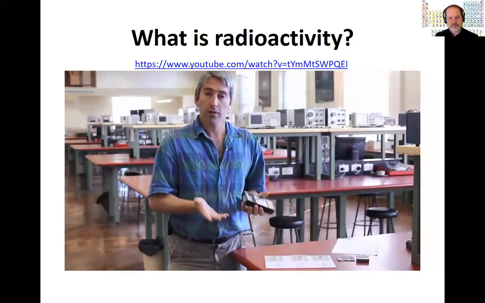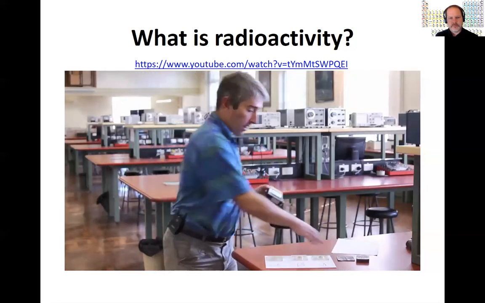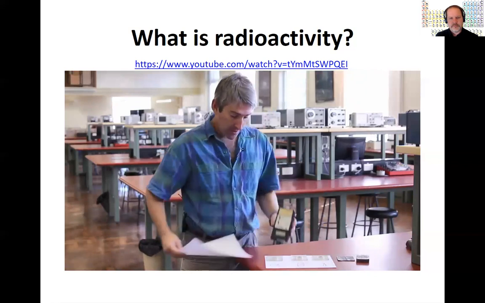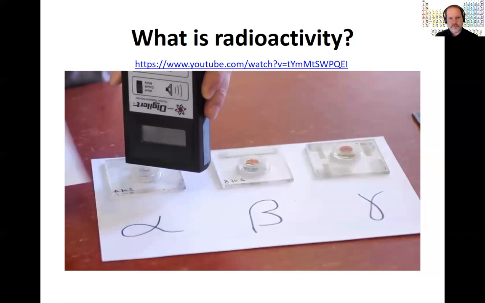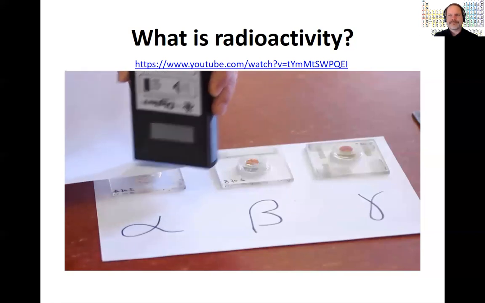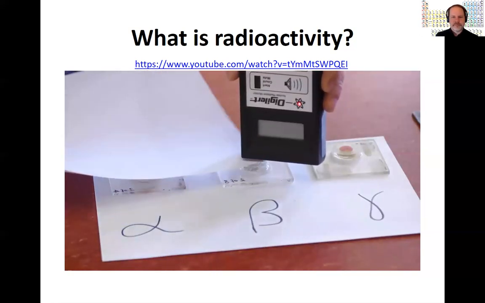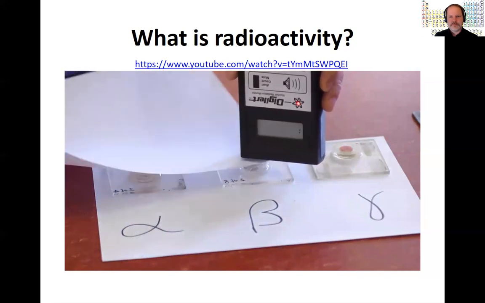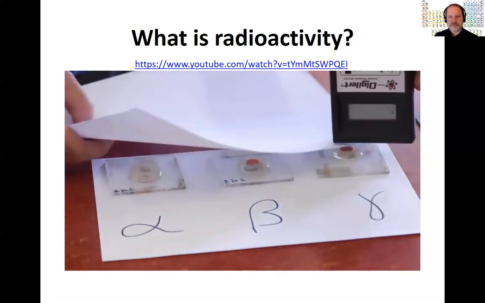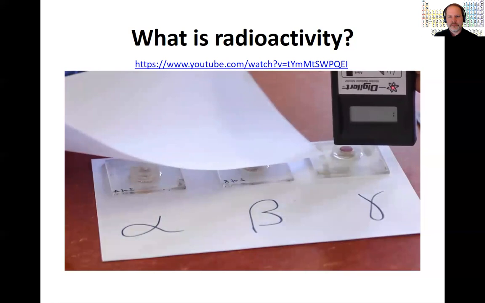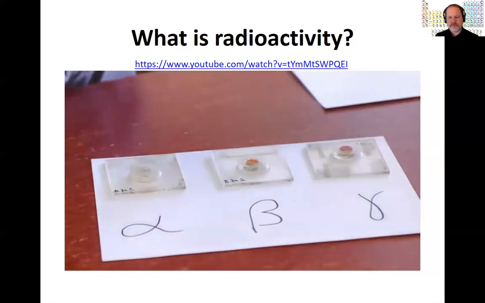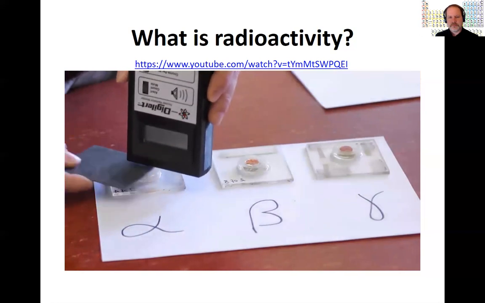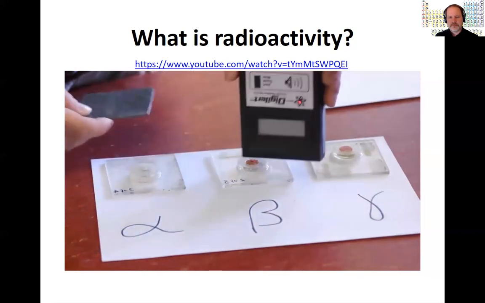So what are the different types? So our alpha, it turned out, is pretty much completely blocked by paper, whereas the beta and the gamma, it makes basically no difference. So if we try lead, our alphas are completely blocked.